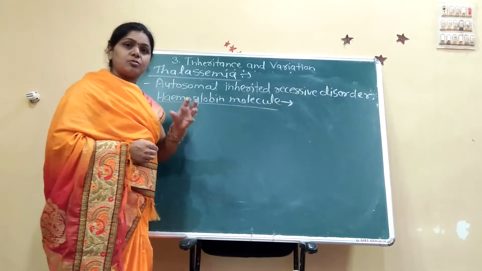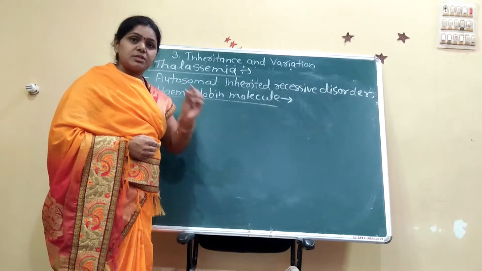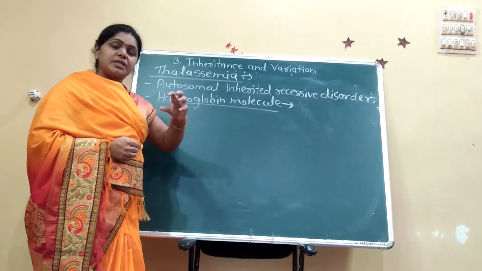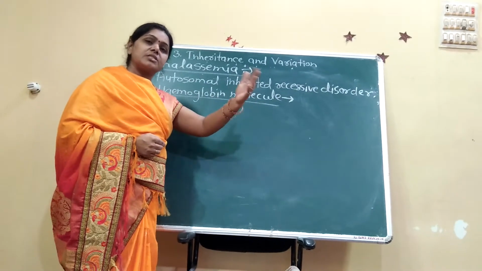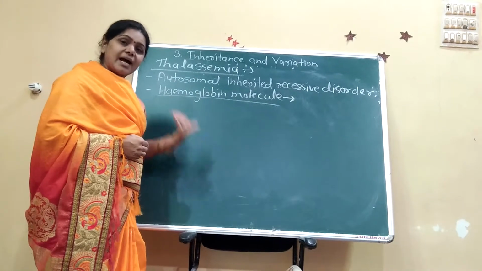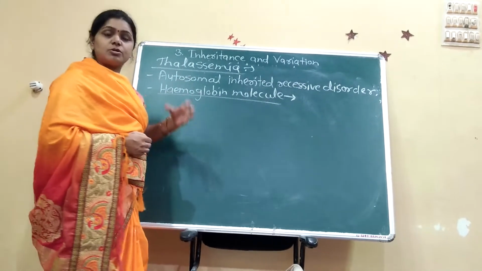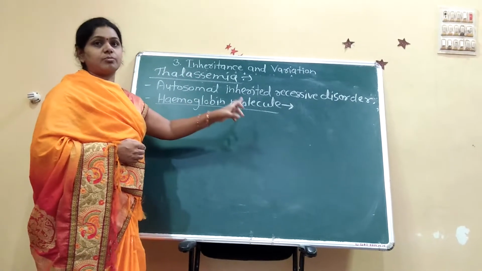We know that there are 46 chromosomes or 23 pairs of chromosomes, in which 44 chromosomes are autosomes and 2 chromosomes are sex chromosomes. In the 44 chromosomes, if one of the chromosomes gets a defect, that is the autosomal disorder.